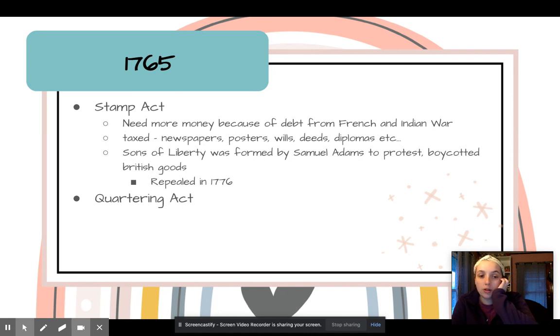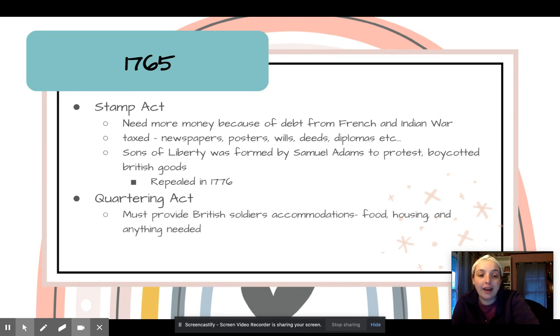And then we have the Quartering Act. When we go through the Bill of Rights, the amendment on quartering, that you can't quarter soldiers, felt really random before learning about this, and now it's like, oh, it makes sense why you would have this in your top 10 amendments.